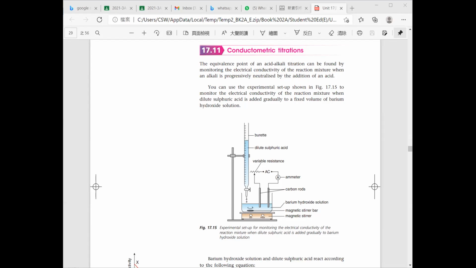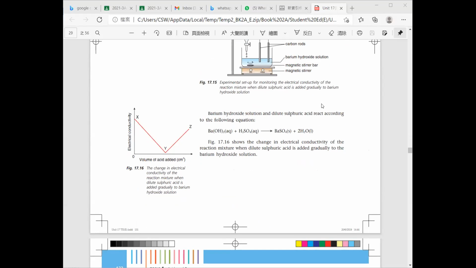I'll read this. Okay, so for the conductometric titration, is it applicable to all different types of acid-base titration?